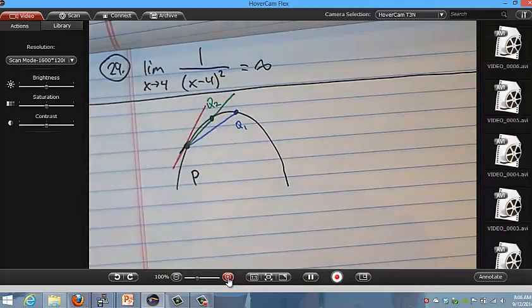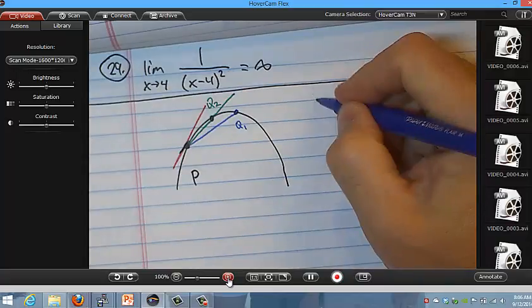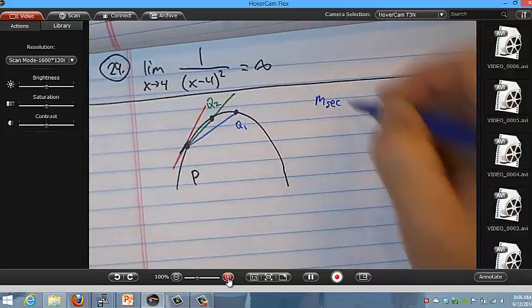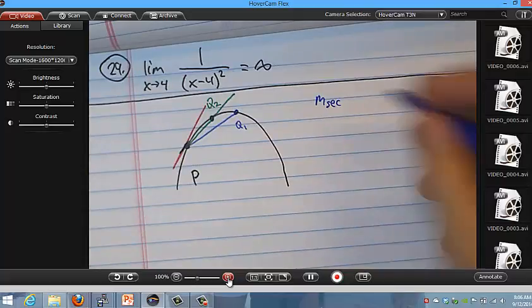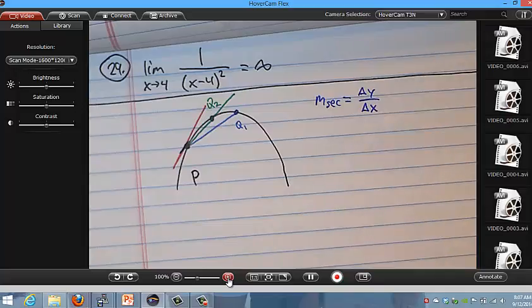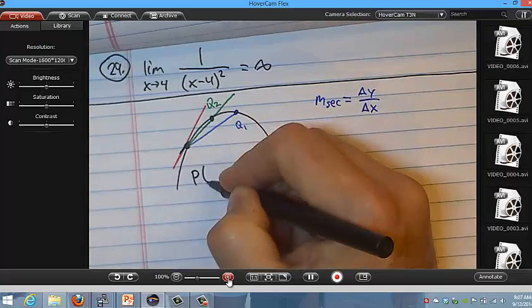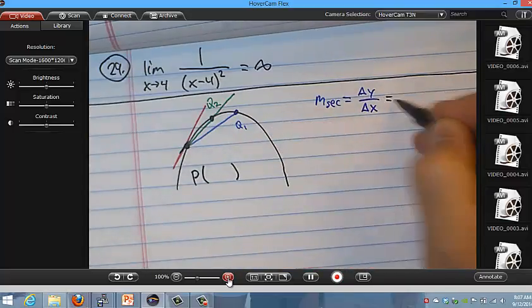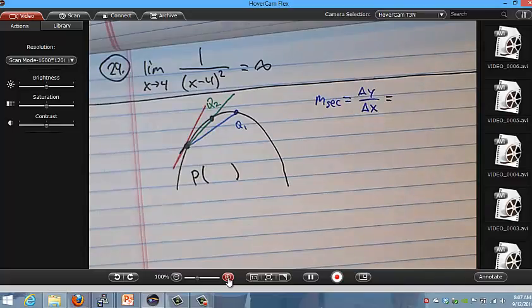And so again, if I write my formulas down, the slope of a secant line, well, we know that the slope is given by what? y2 minus y1 over x2 minus x1, right? A lot of times we'll write change in y over change in x. And if I give point P some coordinates, then I can actually maybe compute some things.